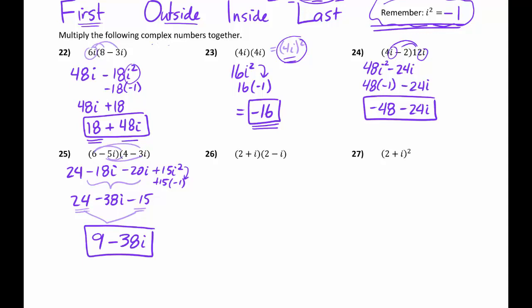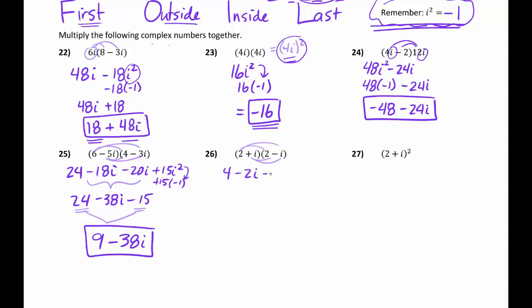26, if you look at the two complex pairs that we are multiplying together, they seem almost the same. They only differ really because one is plus and one is minus. We're still going to go ahead and FOIL. So these are the little distribution arcs that I need to be following. First, 2 times 2 is 4. 2 times negative i is minus 2i.